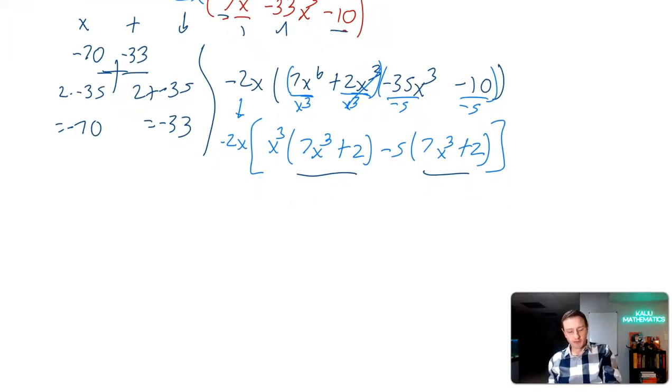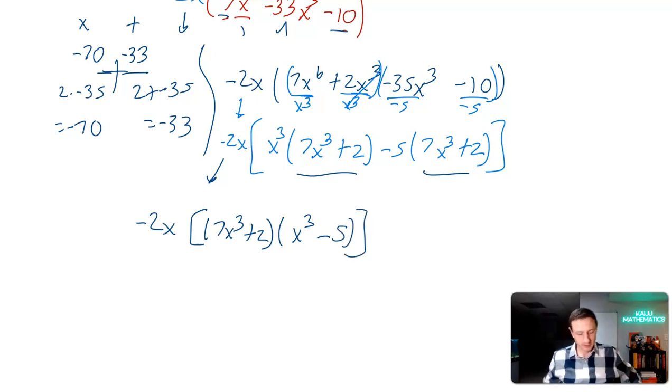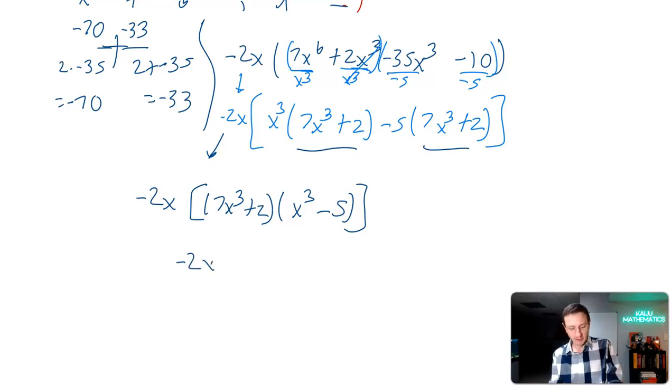So I have this negative 2x, so negative 2x. I'm now factoring out that term of 7x to the 3rd plus 2. And I'm left with x to the 3rd minus 5. My goodness, that is a problem there. And I probably don't even need those brackets. Let me just write it out. Negative 2x times 7x to the 3rd plus 2, times x to the 3rd minus 5.